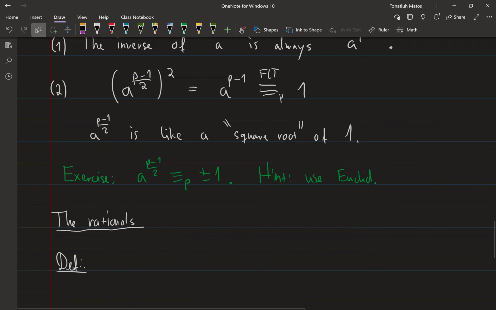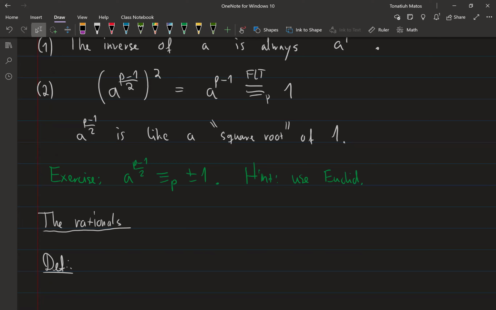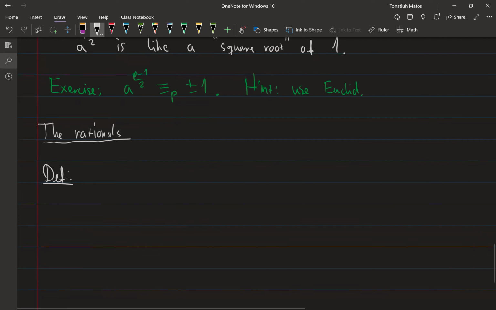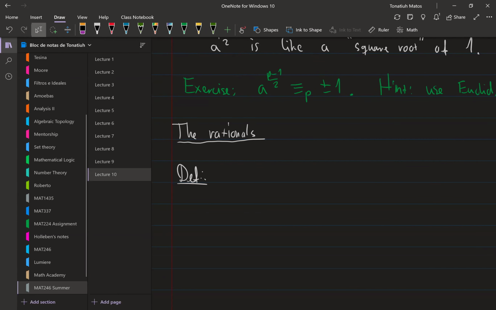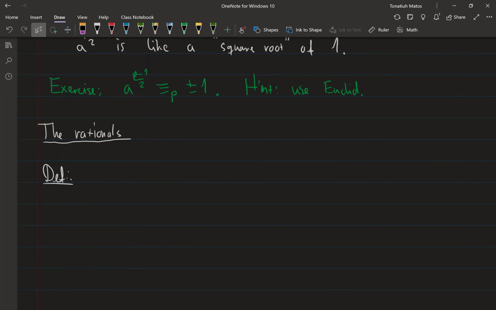But I would like a field that is bigger than the integers, not just smaller, but bigger. So it has to contain the integers. In a way, it's the smallest field that contains the integers.